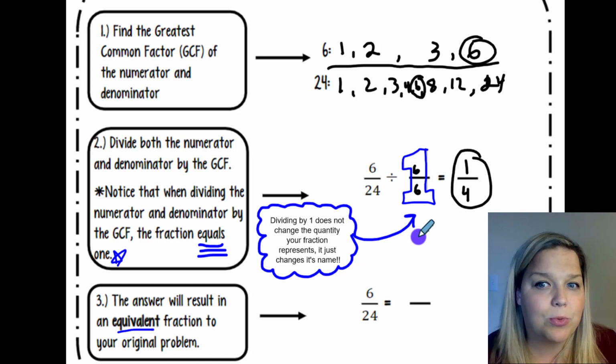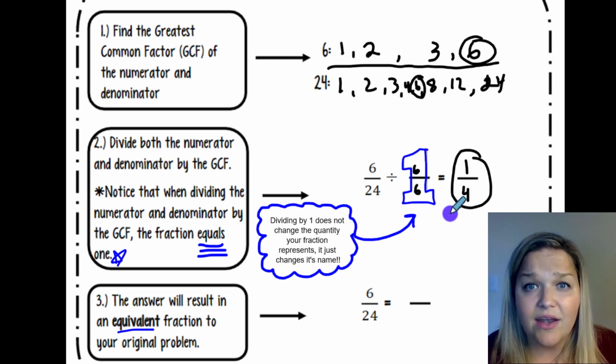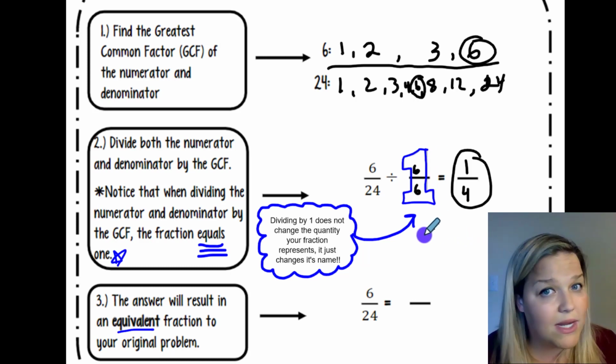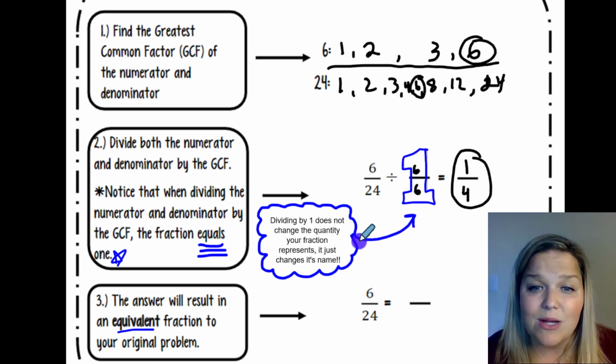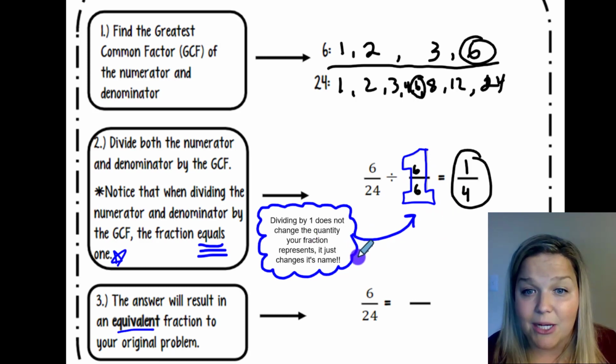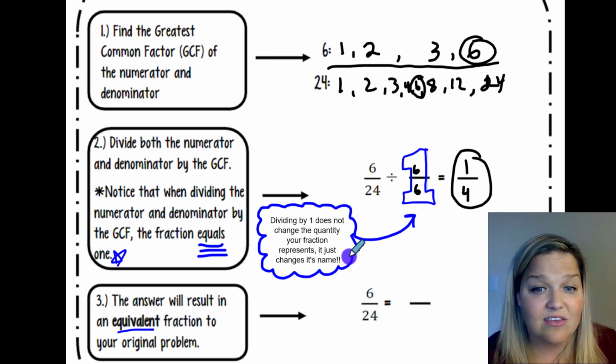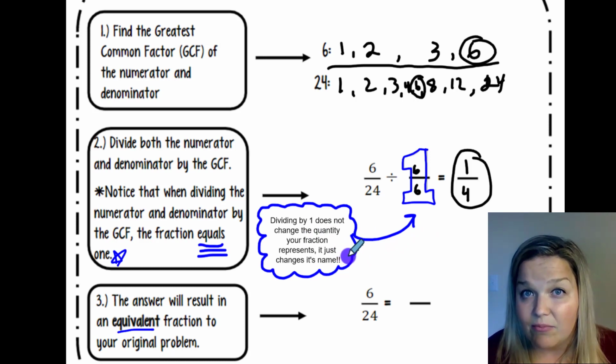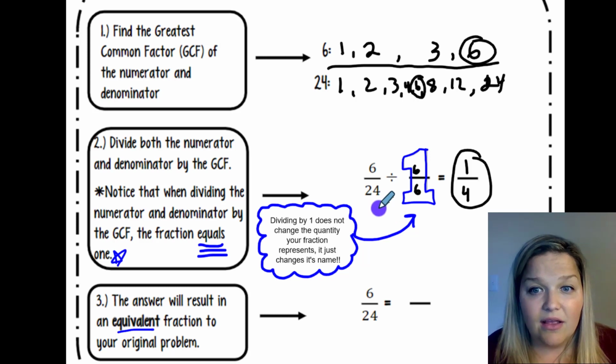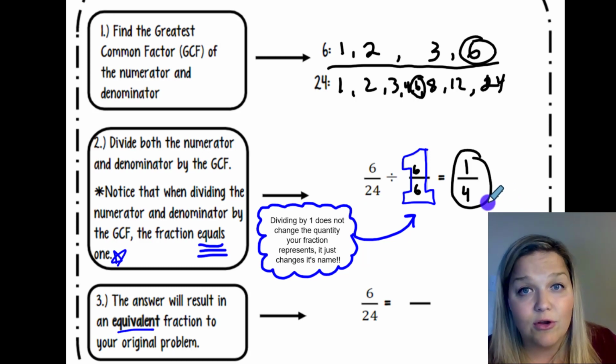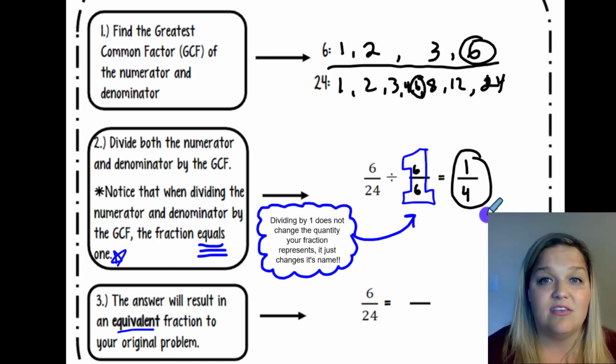Now notice I drew a blue 1 around 6 over 6 because I wanted to remind us of something really important. It says dividing by 1 does not change the quantity your fraction represents. It just changes the name. So remember our pictures. If I had a picture of 6/24 shaded in, and I also had a picture of 1/4 shaded in, it would be the same exact quantity.